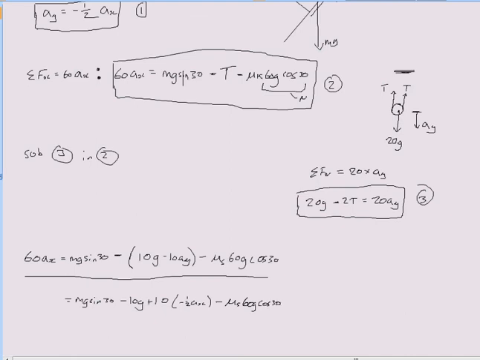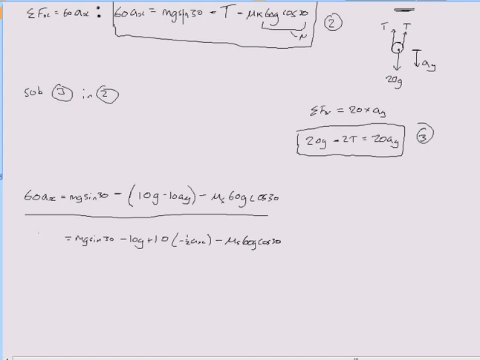And what I'm going to do is bring all ax's over to the left hand side. I'm going to factorize out ax, and that'll become 60 ax plus, 10 times a half, 5 ax, is going to be equal to mg sine 30 minus 10g minus mu_s 60g cosine 30.